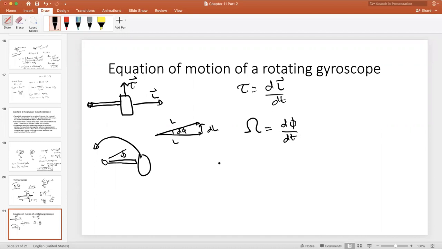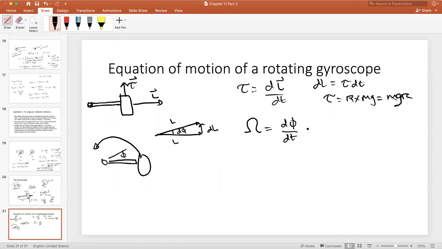So first of all, we know that dL is equal to the torque times dt, and we know that the torque is caused by R cross mg. Since R and mg are perpendicular, this is just mgr, right?